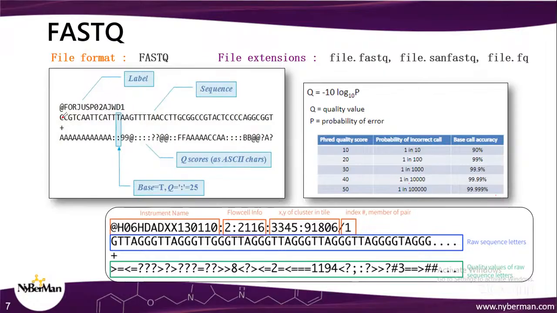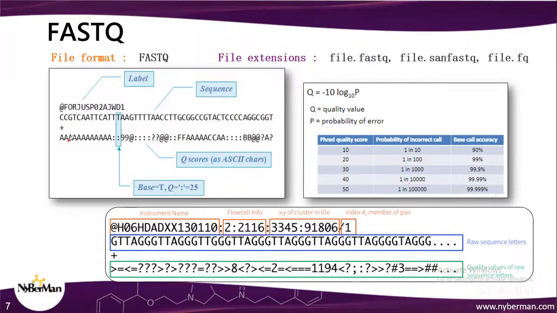And then the next line will always have the sequence, the ATGC sequence that we already have in the FASTA file. But the third line will be the plus sign symbol. Always this will be alone on the third line. Okay, so there will be nothing with the plus symbol.